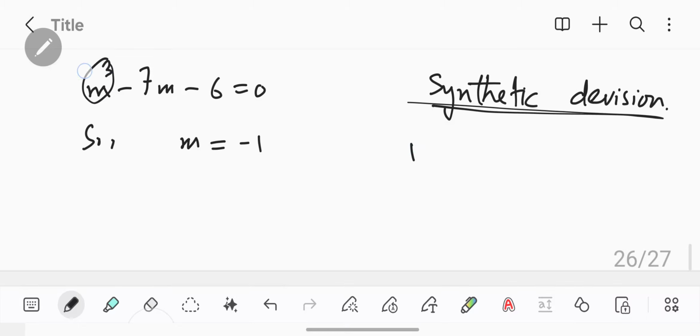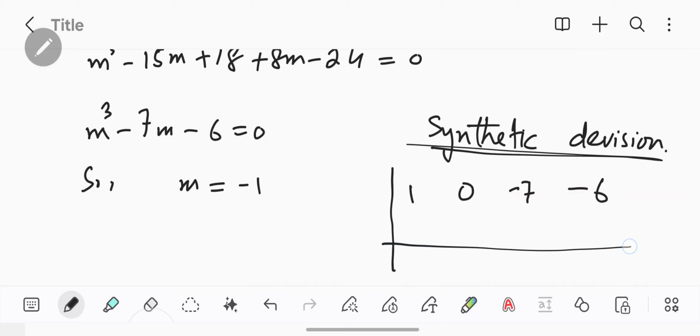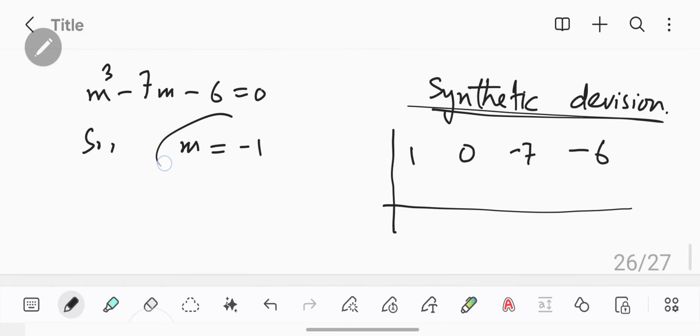Then you have to write the coefficient of m square. Since there is no m square here, you will write here 0. Then you will write the coefficient of m, which is -7. Then you will write the constant term, which is -6. Okay? And then this m is equal to -1 will be here.